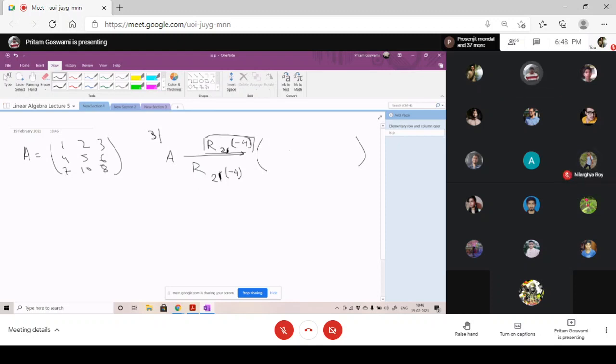So what will it become? Here you are multiplying the first row with -4, then adding it with the second row. What will the second row become? 0, -3, and -6. 0, -3 and -6, right?